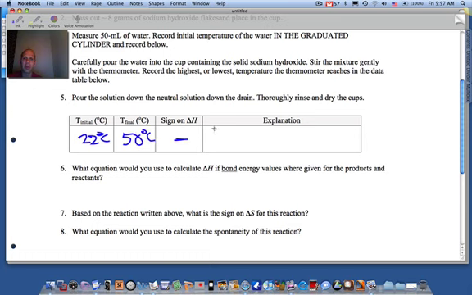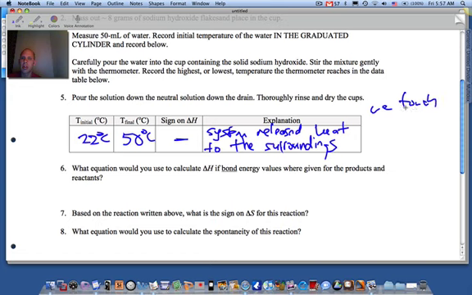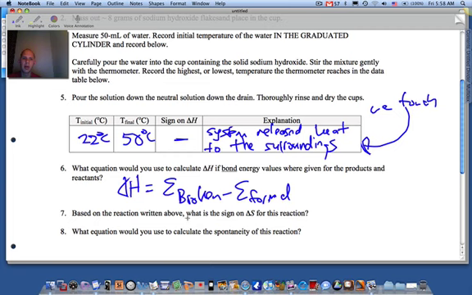So it's going to be exothermic: the system releases heat to the surroundings. Remember, we touch the surroundings. That is what we touched. So delta H is equal to the sum of the bonds broken minus the bonds formed. In this case, delta S is positive. Okay, you can see above.